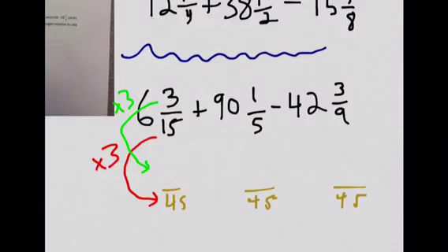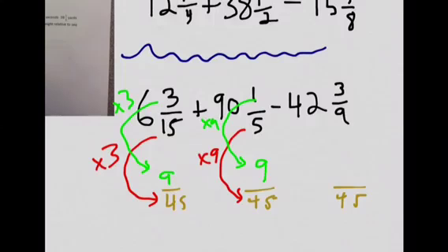So 3 times 3 is going to be 9. Okay, there we go. So it's going to be 9/45 for this fraction. And then here, I know that the 5 increases 9 times to 45. So then the 1 must also increase times 9, which will give me 9. That's interesting.